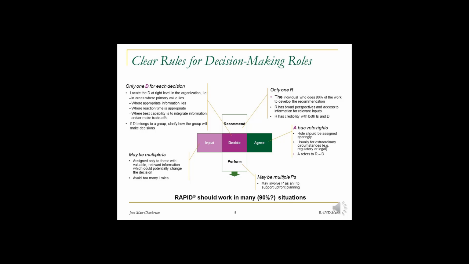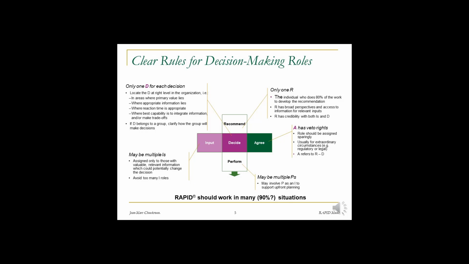There could be multiple I's, and the important thing here is not to have too many of them, only those that are really relevant to the decision. A has veto rights, so that role should be well understood and sparingly assigned. There could be multiple P's, the other ones doing the work.